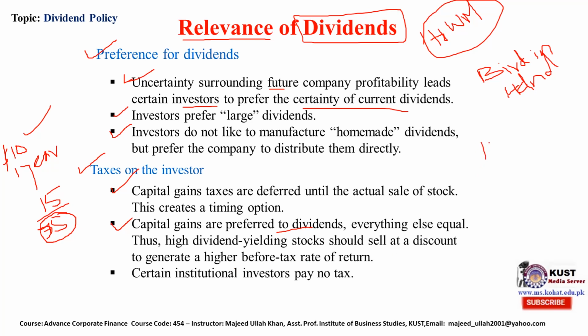For example, if this is your share and this is another share which is $12, okay, this one is continuously giving a dividend and that one does not give any dividend. An investor investing in this share will only look for the capital gain, but an investor in the other share will consider the capital gain as well as the dividend.